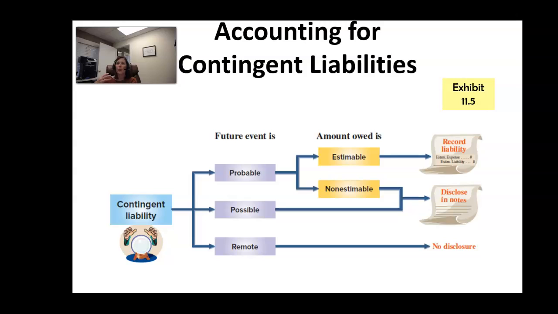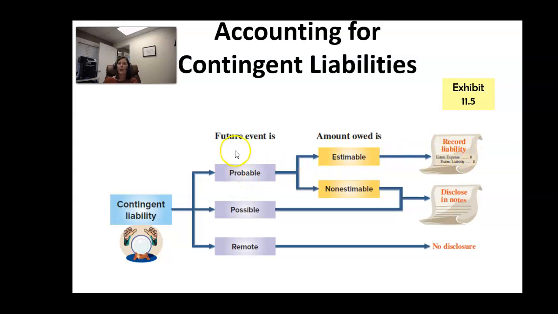So if we determine, and there are three categories, the event could be probable, possible, or remote. So if the future event is probable and we can reasonably estimate the amount, we're going to record an estimated liability for that.